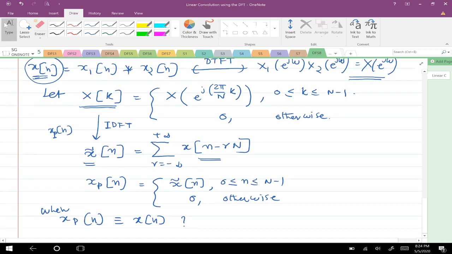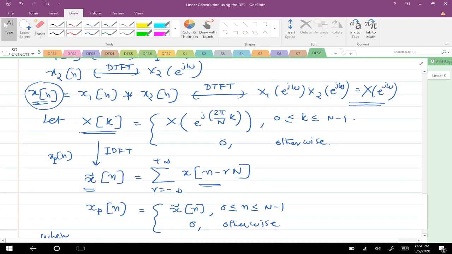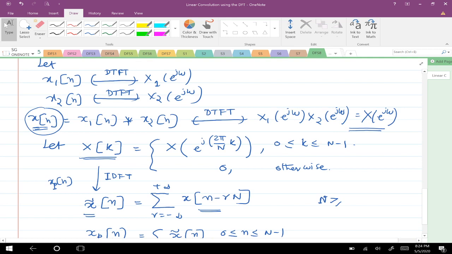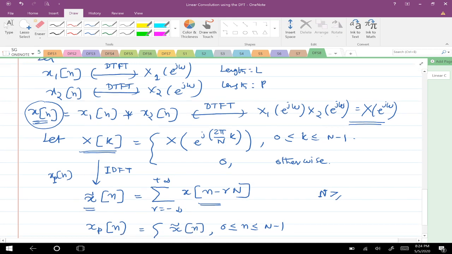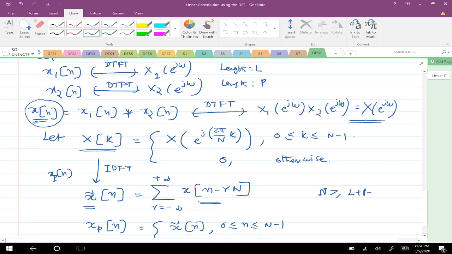We figured out that the number of samples you are taking must be greater than or equal to, if this length is L and this length is, I think, P, then L plus P minus 1, because that's the maximum length the convolution can take.